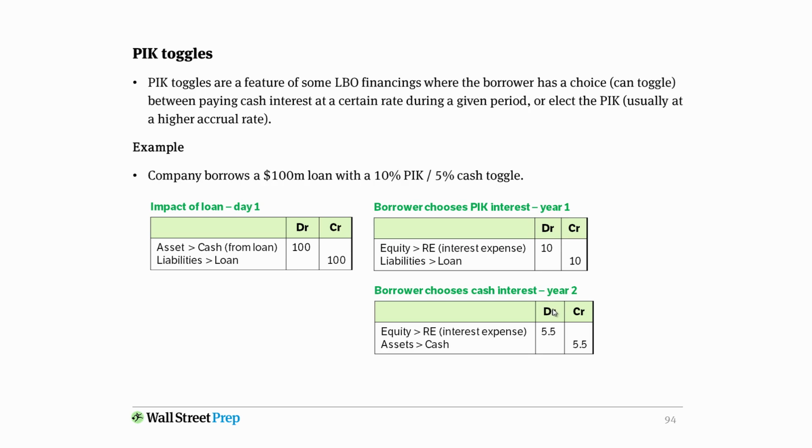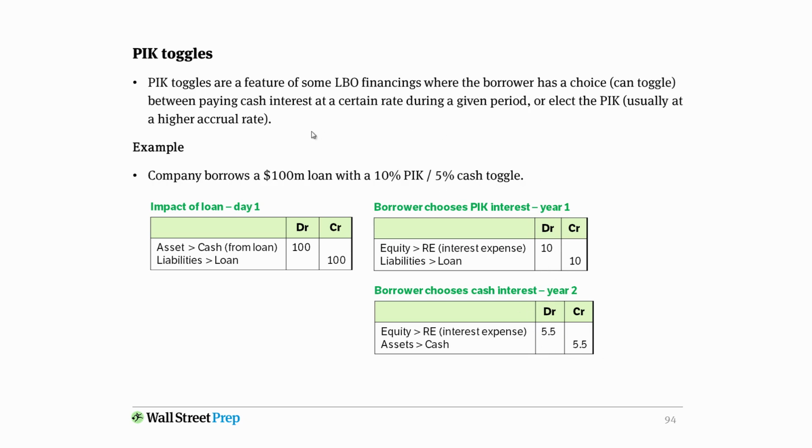In that case, you have a $110 million loan balance. And that's the key to remember. You have a $110 million loan balance at a 5% cash rate. So now cash goes down by 5.5. That's the credit, and interest expense, just like with the PIK, is debited.